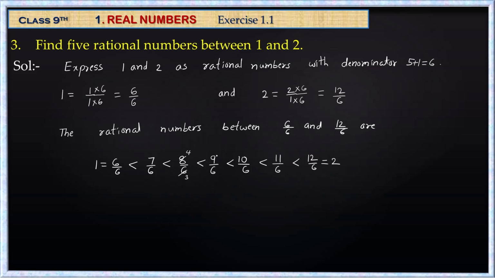We can cancel the 9 by 6 also in the 3 table. 3 3s are 9, 3 2s are 6, and 10 by 6 can be cancelled in the 2 table. 2 5s are 10, 2 3s are 6.